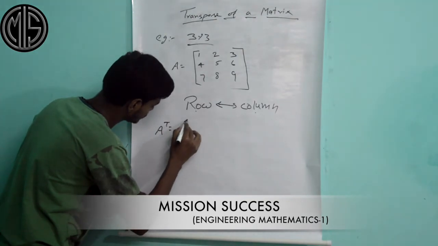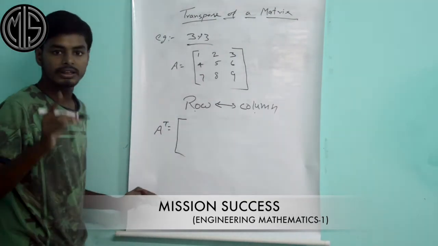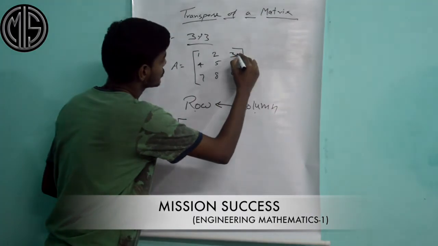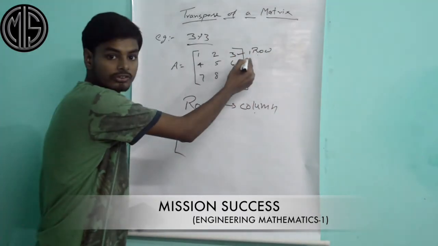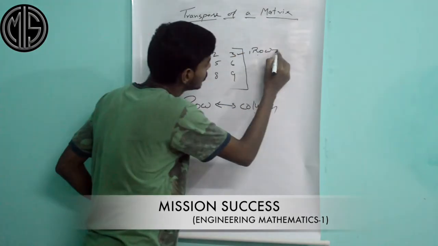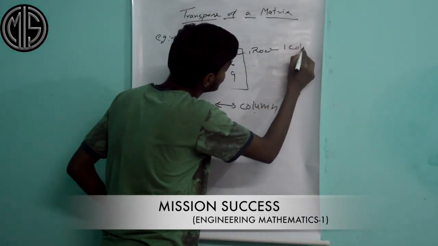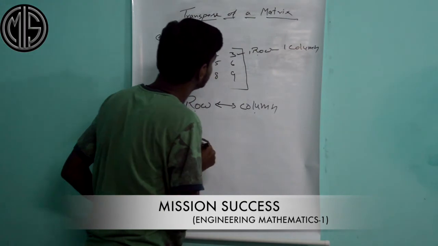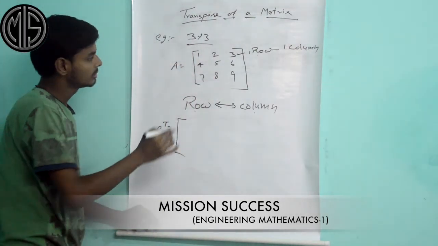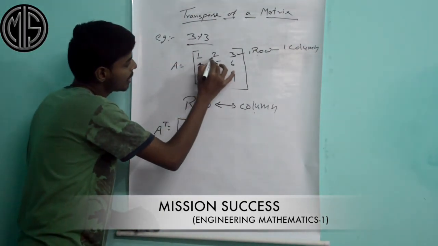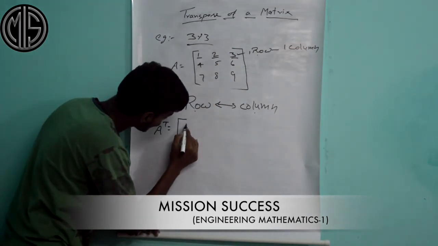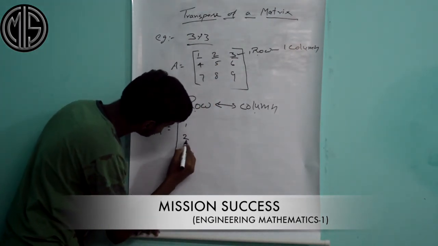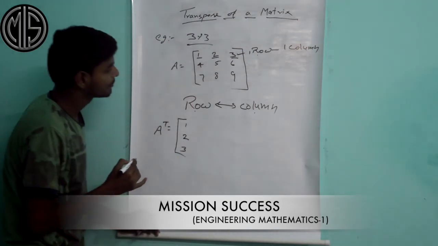So just see here. A transpose. Take first row. We have to convert this first row into first column. First row is what? 1, 2, 3. And here first column 1, 2, 3.